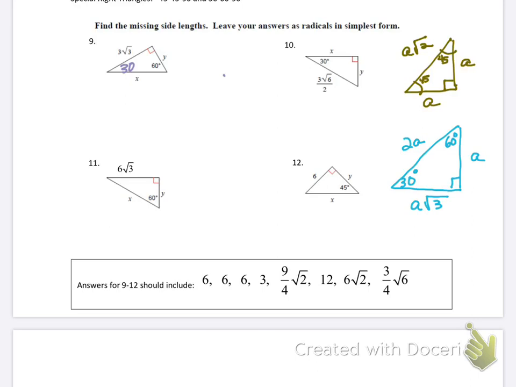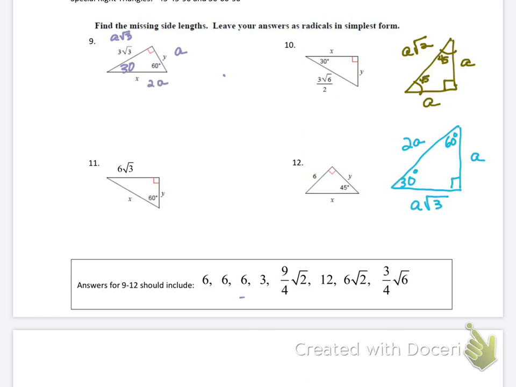Okay, so this is what I'm going to tell you about this. The side opposite the 30 will be equal to A. The side opposite the 60 is going to be A root 3, and the side opposite the 90 will be 2A.